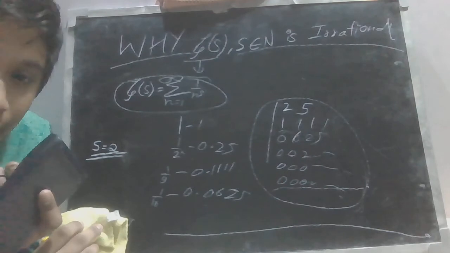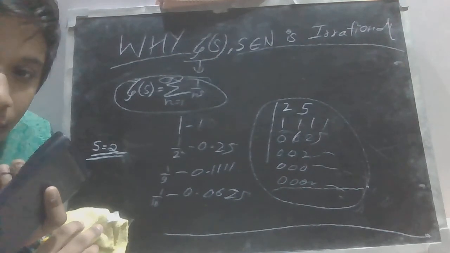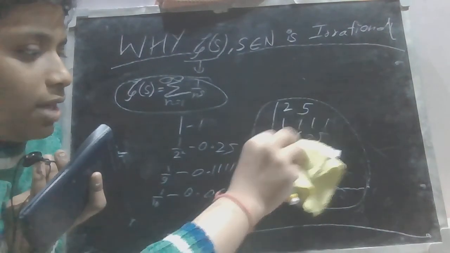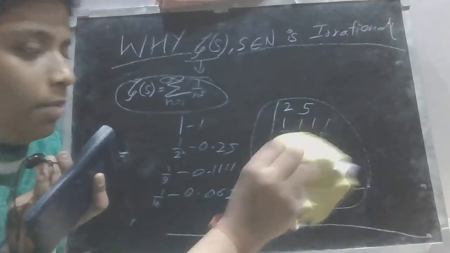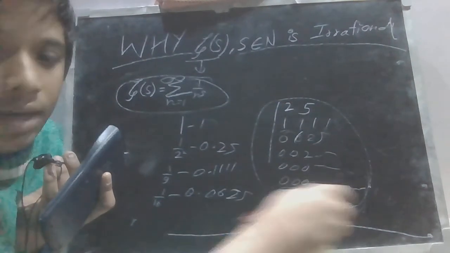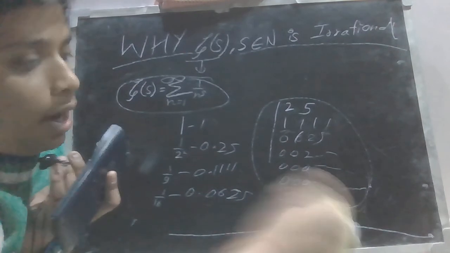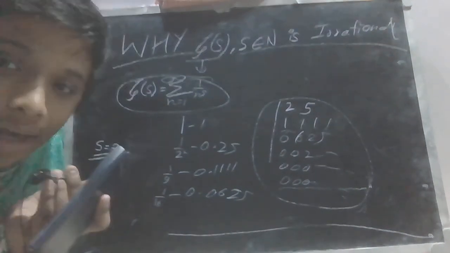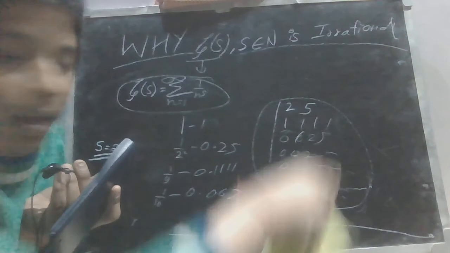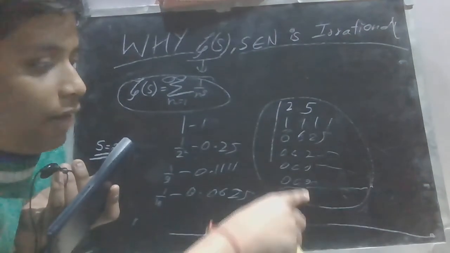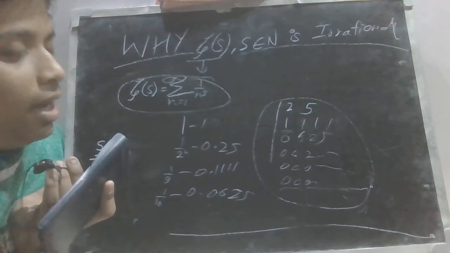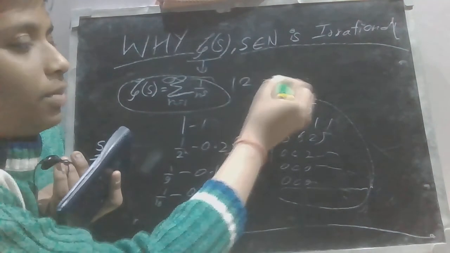I hope I am able to make you understand. As it is going from here, the 0 would go there. 0 0 0 here, 0 0 0 0 here, but the digits would be there, like after some zeros. And since it is for infinite, there would be many zeros till last, which would lead you to 1 2 something something.